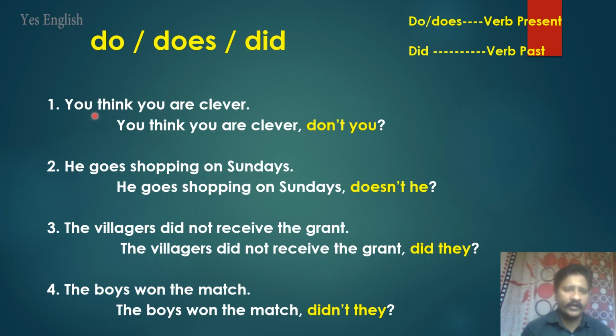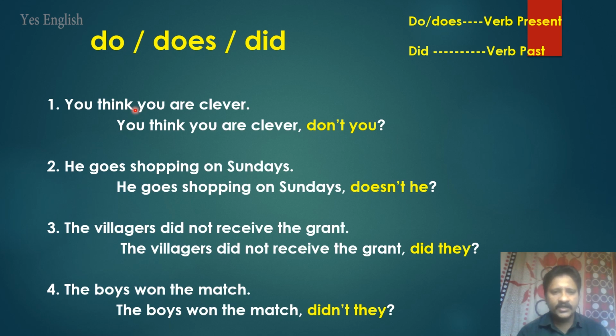Okay, let's have a look at this first sentence. You think you are clever. So here think is the verb, which is a present form of the verb, so we use do or does. Here we use do because it does not have any expression like thinks.